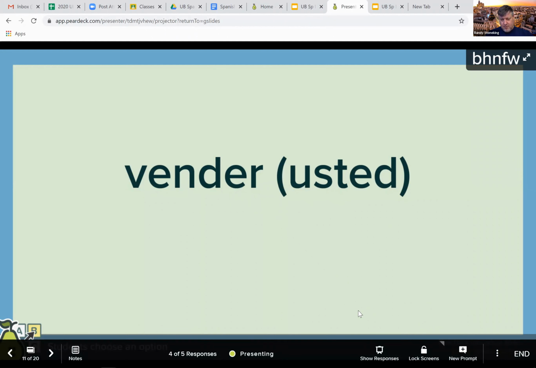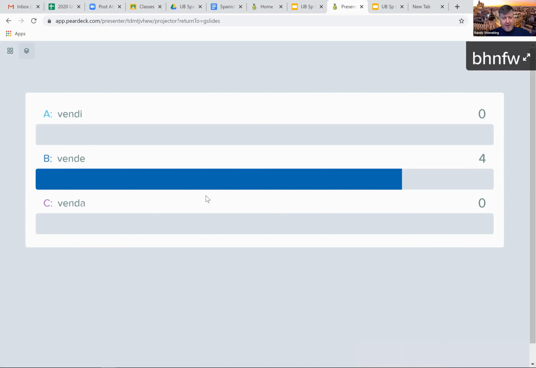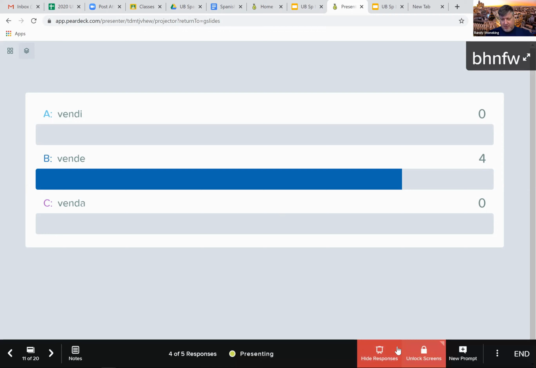Very good. Vende. Usted vende. You sell. Okay. Again, paying attention not only to which ending that we use, but also whether the verb is AR, ER, or IR to get to our responses there.